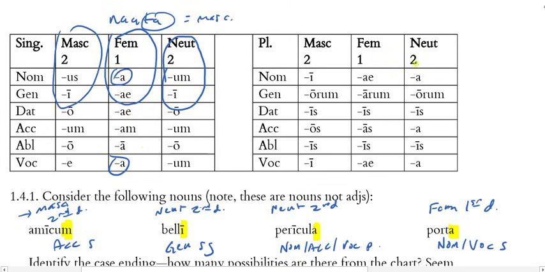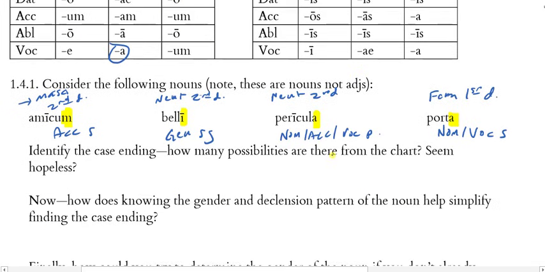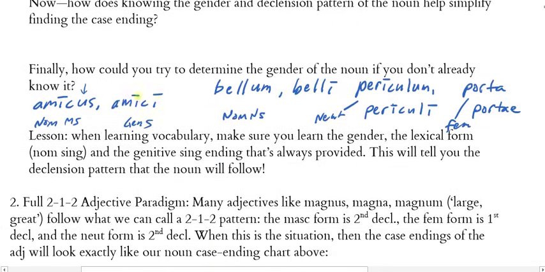I don't need to even consider the neuter a's. So this is just really trying to illustrate a significant lesson. When learning vocab, make sure you learn the gender, the lexical form, which is nominative singular, the genitive singular ending when it's provided, and this will help you know which declension pattern the noun will follow.